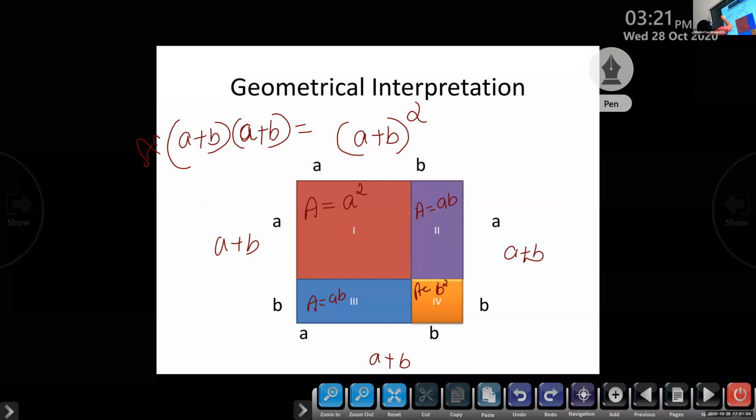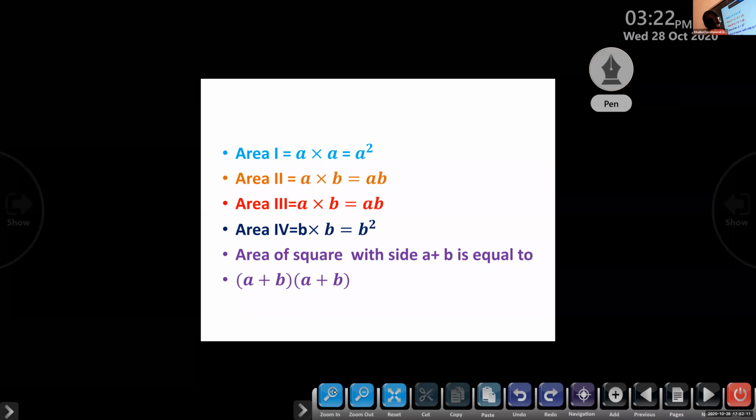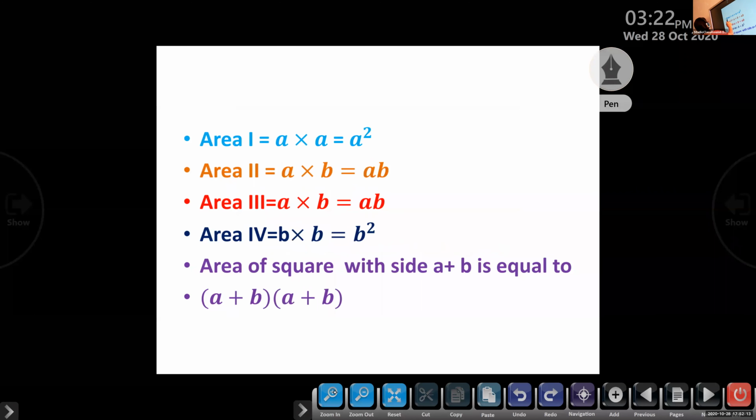So for getting the total area, we can add the area of the first one, the second one, the third one, and the fourth one. The area of the first one is a square, the second is ab, the third is ab, the fourth is b square.